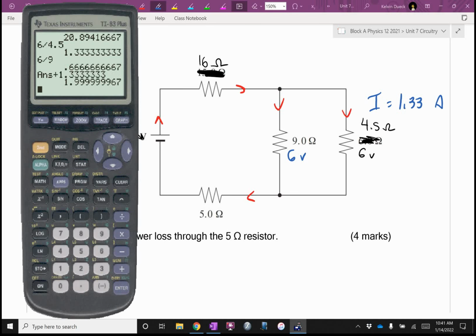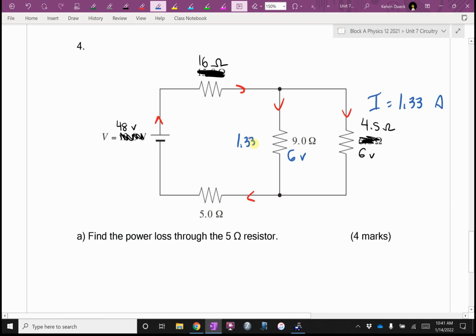I think exactly 2. Yeah. So this has a current of 1.333. No, 0.667 amps. And so I know leaving the battery is 2 amps. So I know I have 2 amps going through there. I have 2 amps going through there. Oh, I know 2 things. I know this is 32 volts.